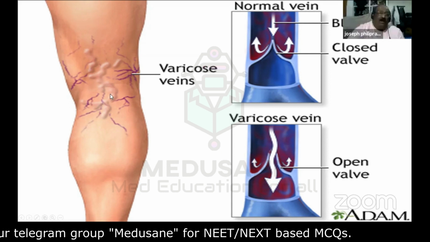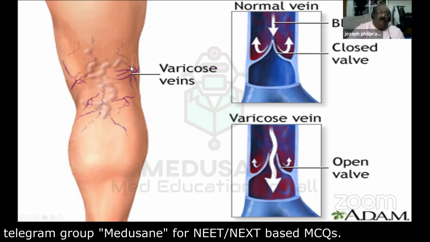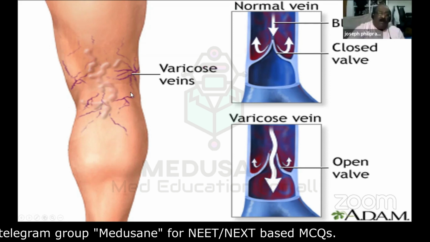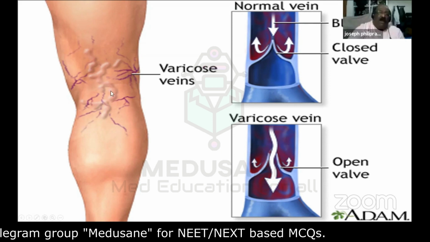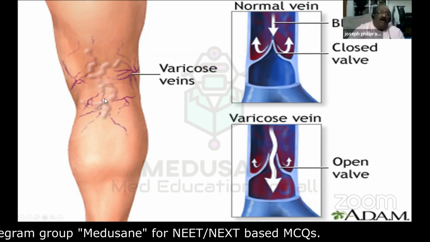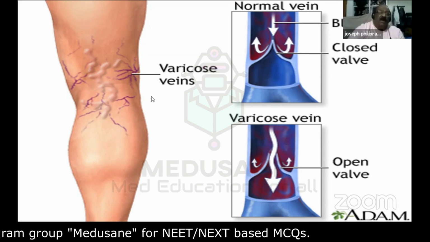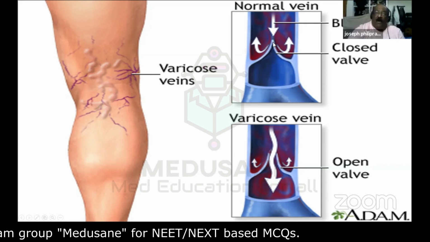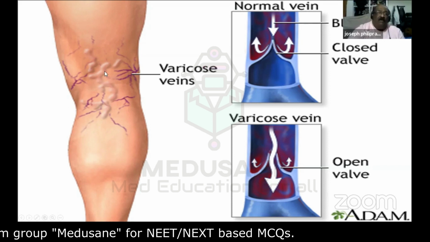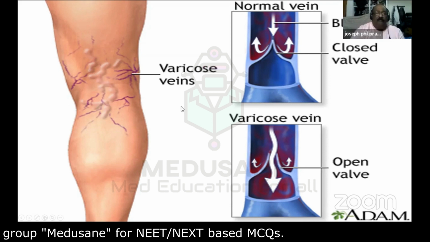So depending on the size of the veins, it can be ankle flare, malleolar flare, or telangiectasia, or it can be varicose veins, which can be really visible and are normally compressible. So this is the basis: the retrograde flow, valvular incompetence, which manifests in distended veins.